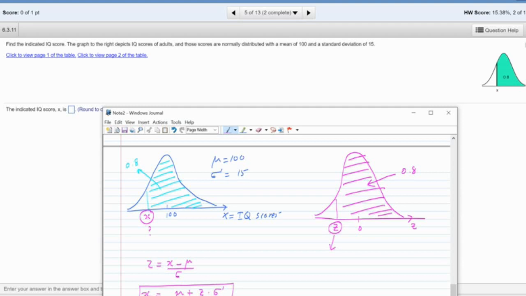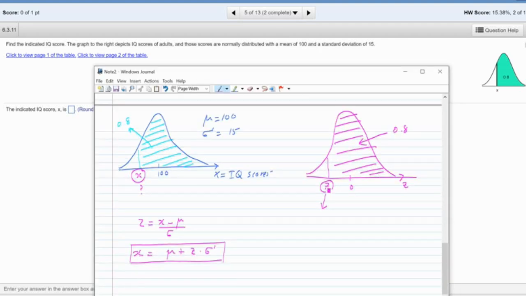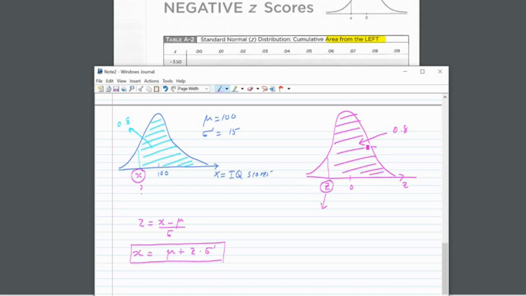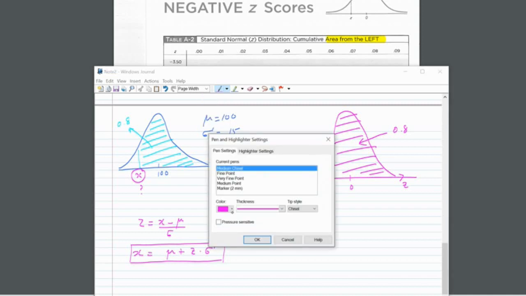All right, first let us find the Z value corresponding to the right tail area of 0.8. Now let's look at the table. Unfortunately, these two tables give areas from the left, but the problem we have is the area on the right, so we have to find the left area.